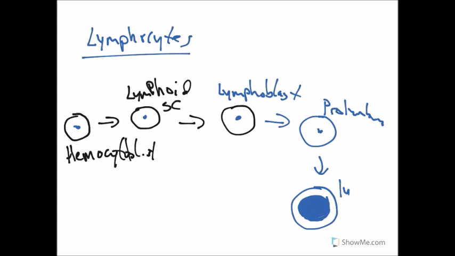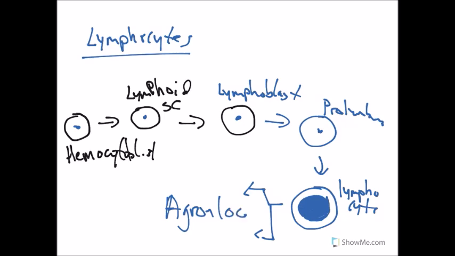Now, the lymphocytes go out to create one of the white blood cells, the agranulocytes. So these give rise to all agranulocytes.